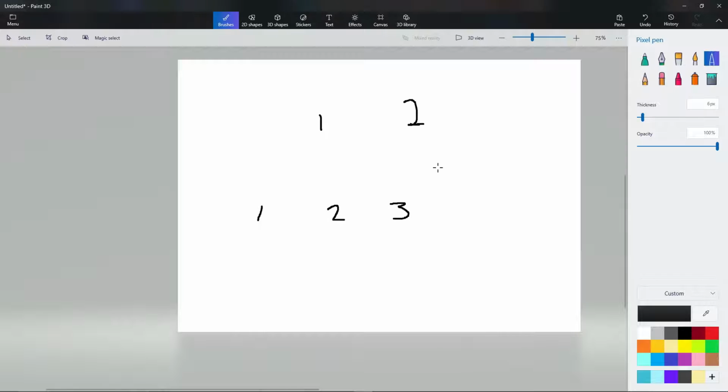But right here, the number isn't really a whole number. It can't exist like a whole number, because the only thing that comes after 1 is 2, and the only thing that comes before 2 is 1. Which is why we've got to deal with decimal numbers. The middle of 1 and 2 would be 1.5.